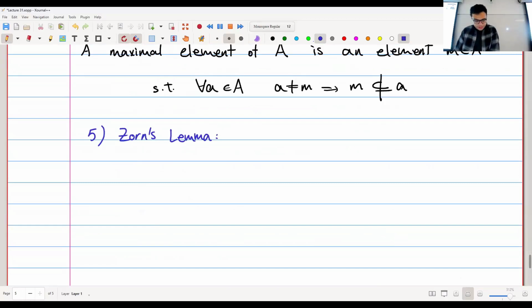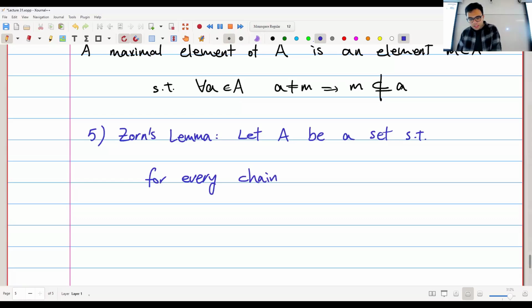And it says this: let A be a set such that for every chain B subset of A, we have the union of all the elements in B as a member of A. Then A has a maximal element.